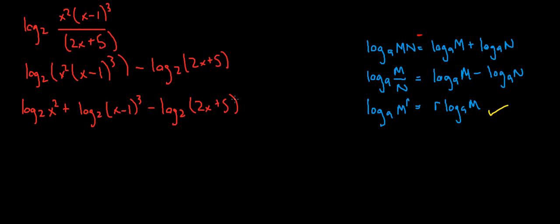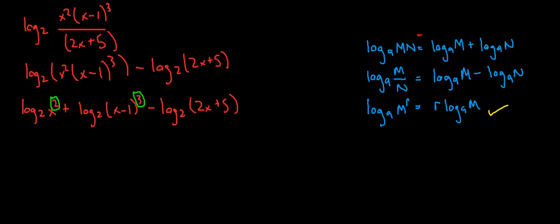Now I look around and see if there's anything else I can do. I've simplified all the division, all of the multiplication. Now all that's left are the powers. Here I have a second power, here I have a third power. And what I can do is bring these down in front of the logarithm so it's multiplying it.